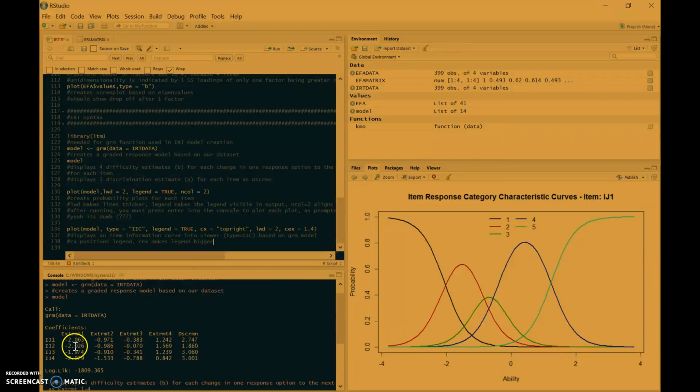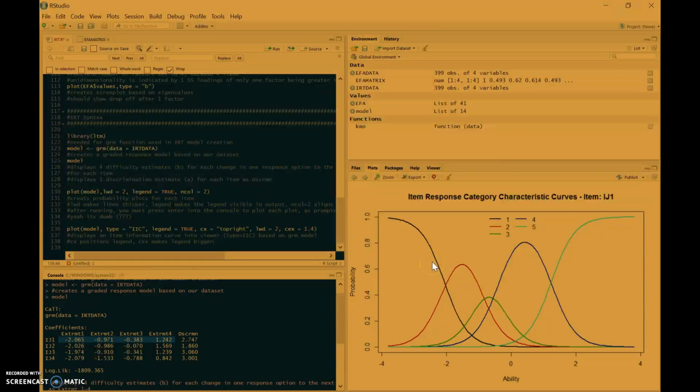So like I was saying, this is for IJ1, our first item, and we've got 4 difficulty parameters spit out here, and those correspond to these crosses in these curves. Let me explain what each curve is.